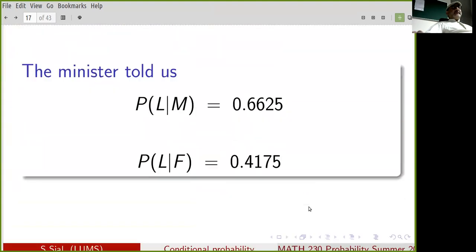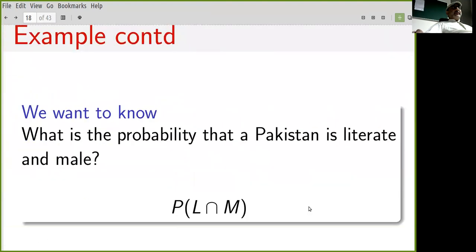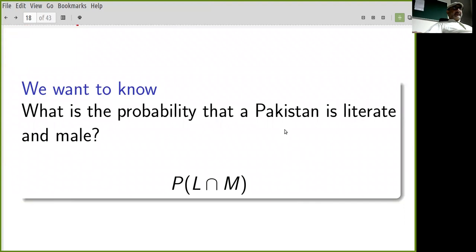And what are we looking for? Right. What we're looking for is that an adult Pakistani is literate and male. And that's the probability of L intersection M, right? L was the event that an adult Pakistani was literate.